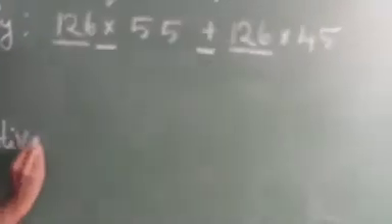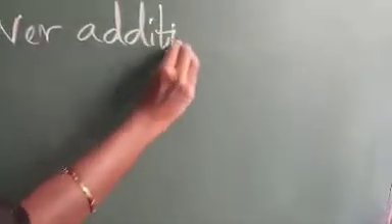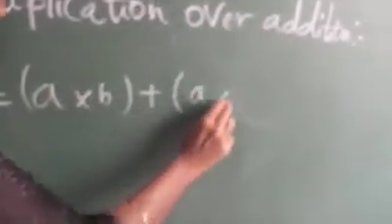Distributive or distributivity for multiplication over addition. You write the heading and write the general form. A into B plus C is equal to A into B plus A into C.